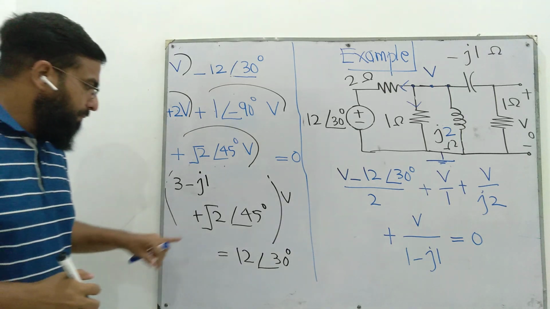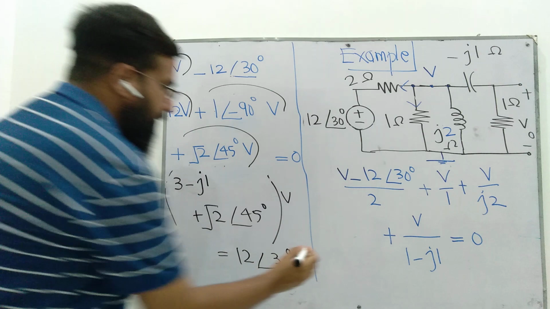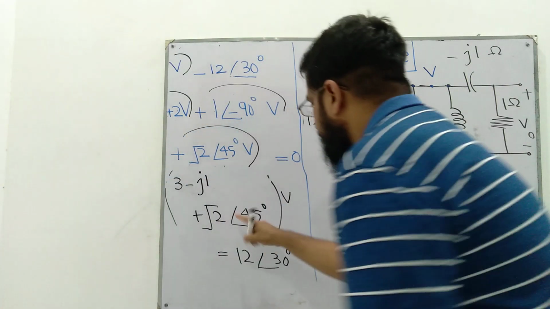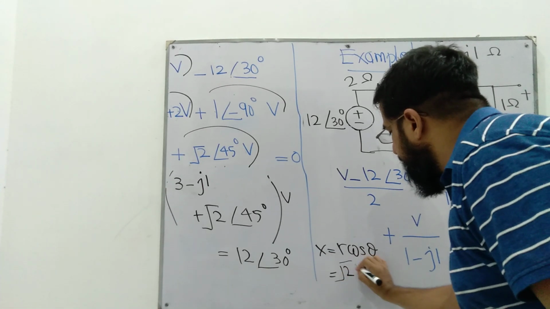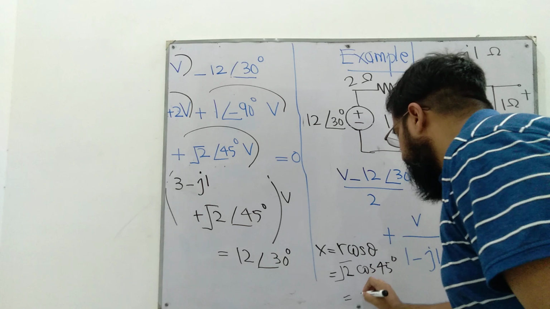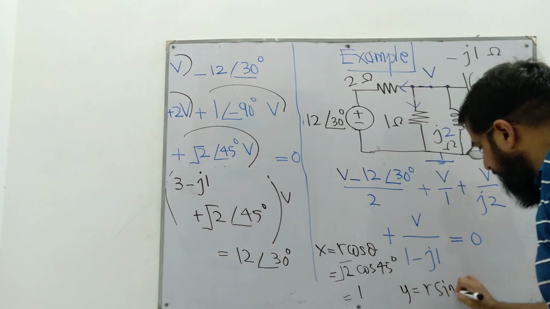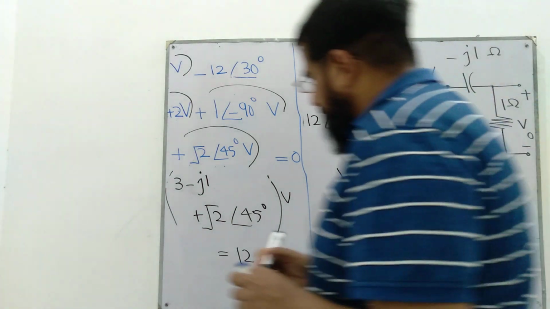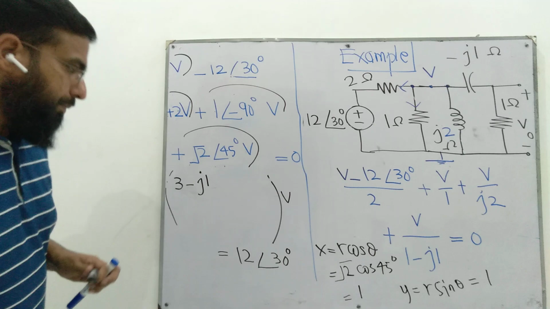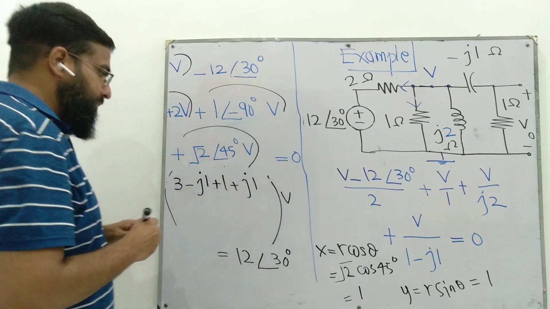in rectangular form, and square root of 2 at an angle of 45 can be written using x equal to r cos theta, where r is square root of 2 and cos of 45 is 1 over square root of 2, so this is 1. Similarly, y is r sin theta, which also comes out to be 1. So this can be written as plus 1 plus j1.